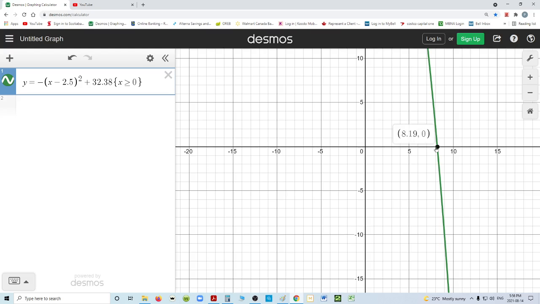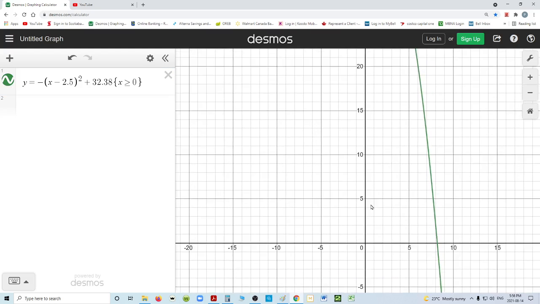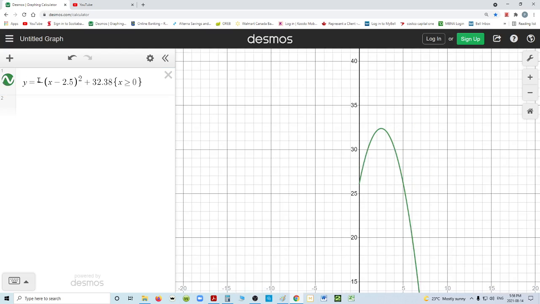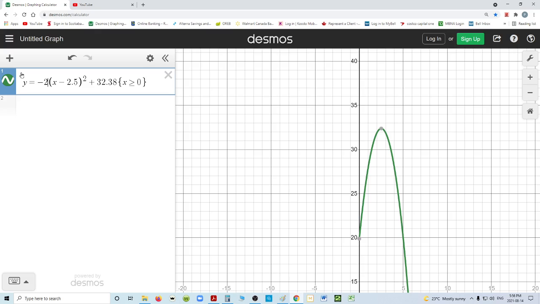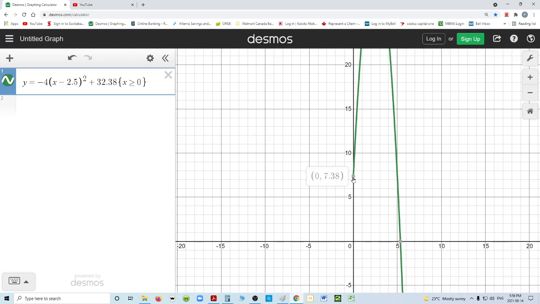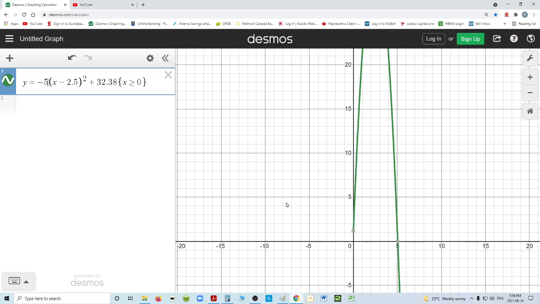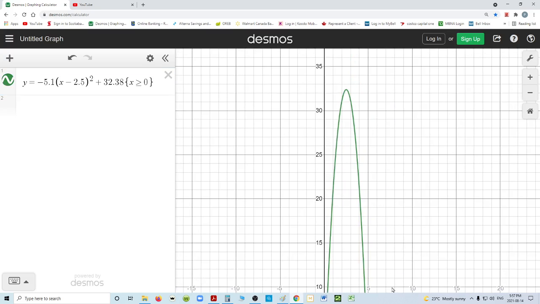We're trying to get that at about just after 5, and we're trying to get the intercept. So we need a slight stretch. A slight stretch. Almost. Try 5. Too much. Yeah, a little bit more. 5.2, something like that. 5.1. Close. Yeah, that's close enough. And we can see right there is the point we're looking for.